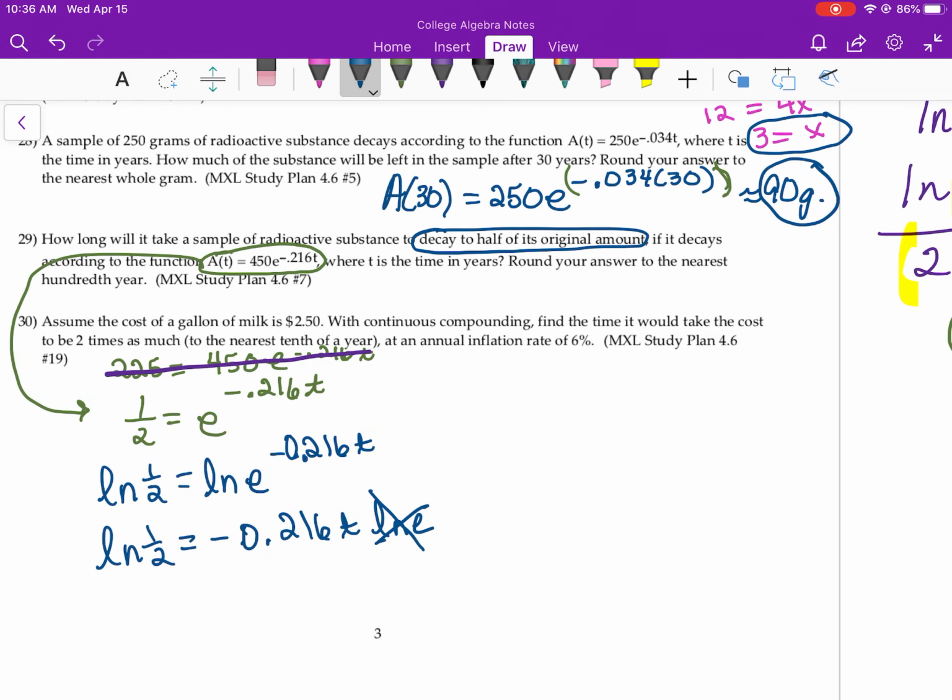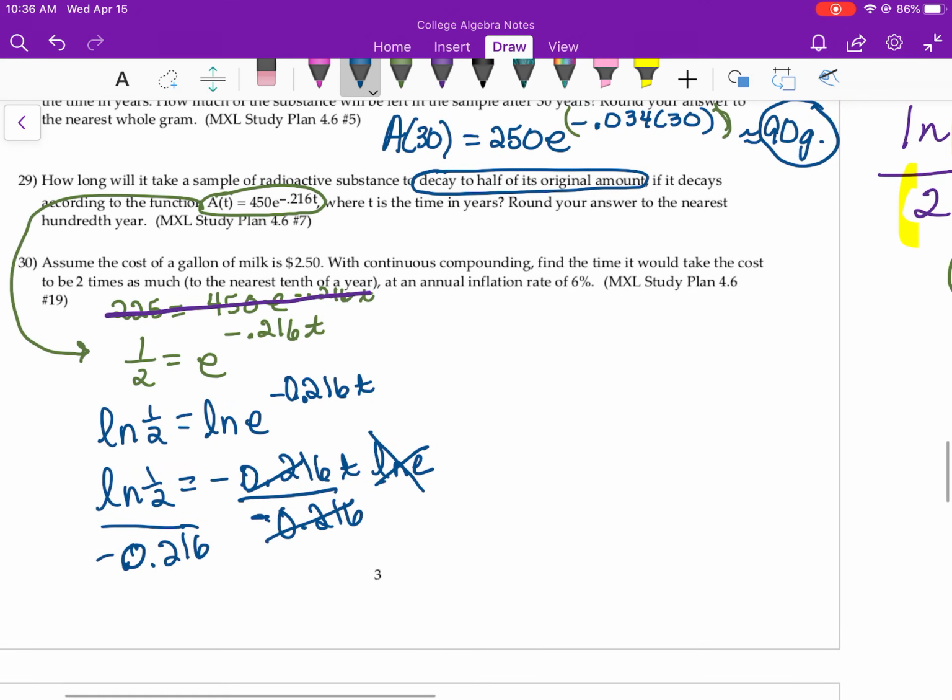And then it's just straight calculator work from here. So the ln of 0.5 divided by negative 0.216 is about 3.21 years. Now in this one, they said to round to the nearest hundredth.